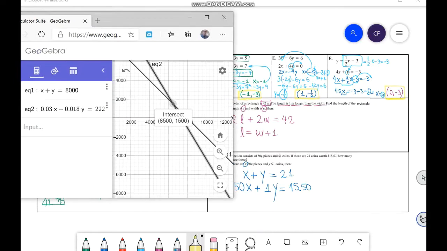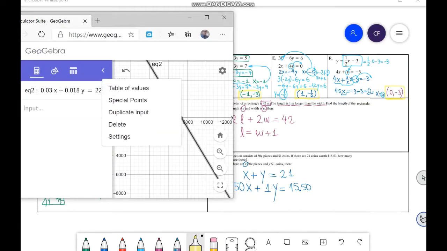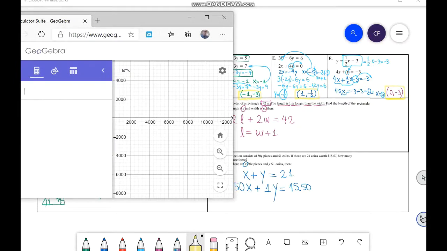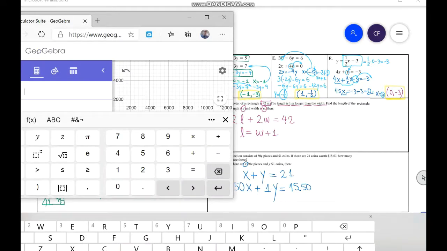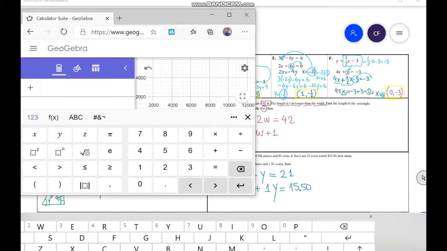Let's type it here. Delete this, and let's type the equations that we have. 2 times x. Let's say L is going to be x here, right? And W is going to be y. Equals 42. Enter. And the next thing that we have, L, I'm going to represent as x, is y plus 1.